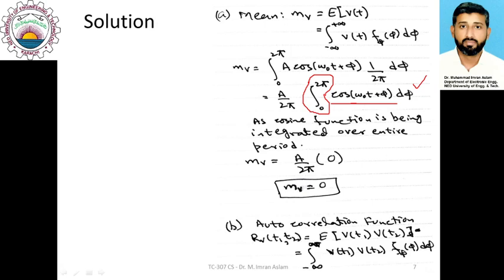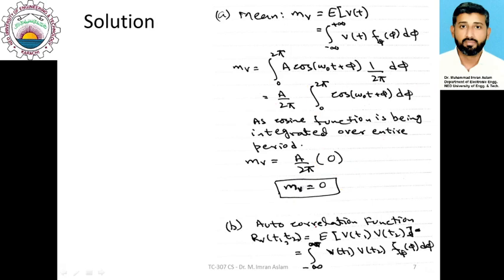Eventually that integration comes out to be 0. So without going into mathematical detail, I have directly substituted this integral to be equal to 0. If you want, you can simply integrate and substitute the limits in order to get this answer. And from here we can see that this mean value comes out to be 0.